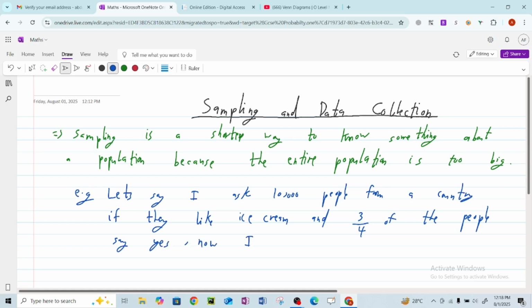Now I can assume that 3 by 4 of the entire country, because this was a small population of 10,000. The entire country could be millions of people. Okay, so now I can assume that 3 by 4 of the entire country likes ice cream.